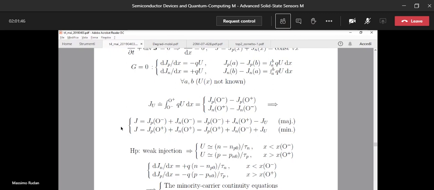That was taken for granted, but we shall explain why. And the second thing that must be demonstrated is the Shockley boundary conditions that we took for granted, but they also must be demonstrated.